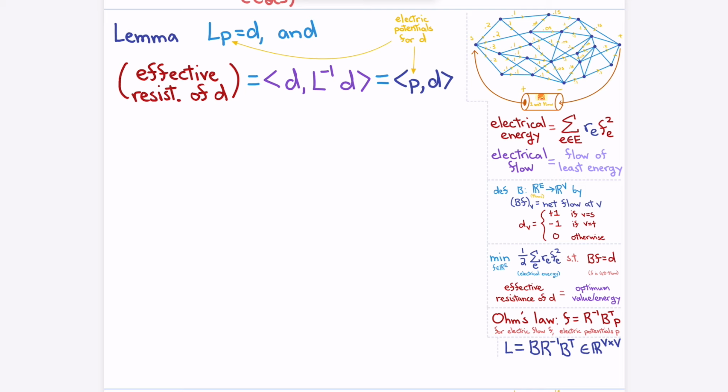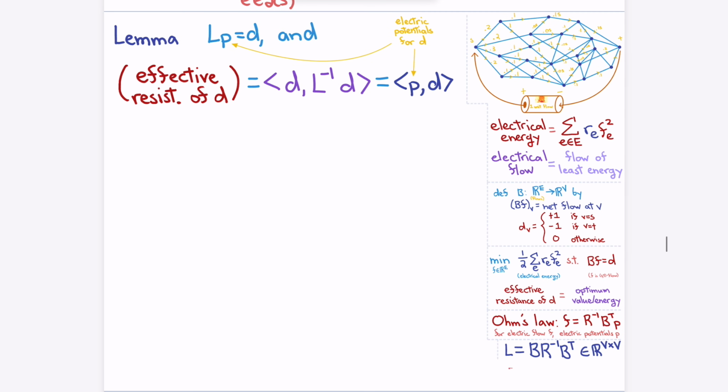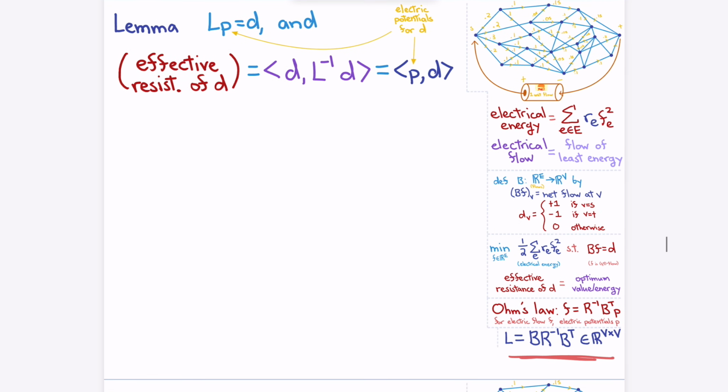Okay, I feel like I don't have a very intuitive proof for this. I think we're just going to do the calculations. So maybe I'll just try to make it mildly expedient. Okay, so I think this is actually not so bad. Some of it is just keeping in mind what L is and expanding things out.